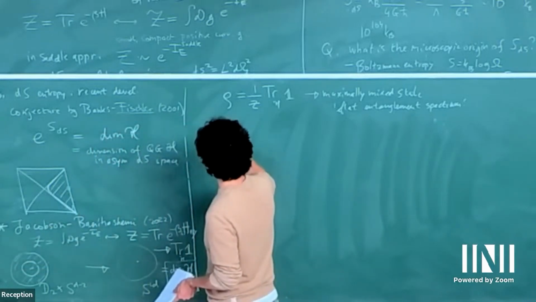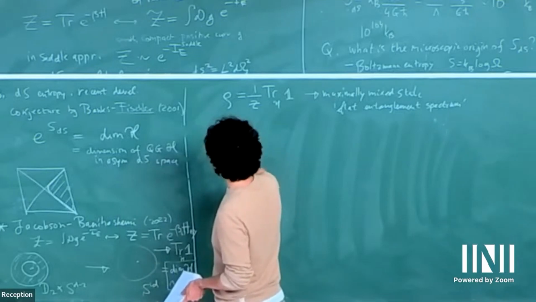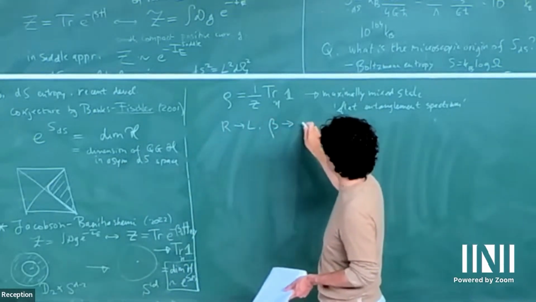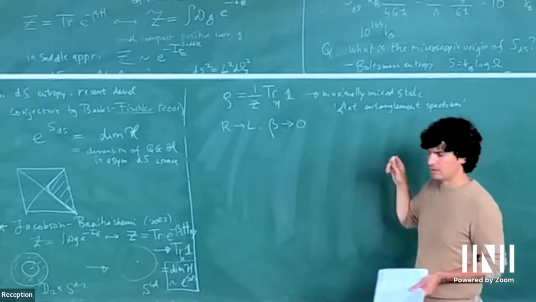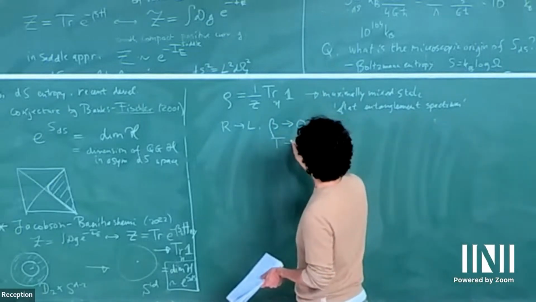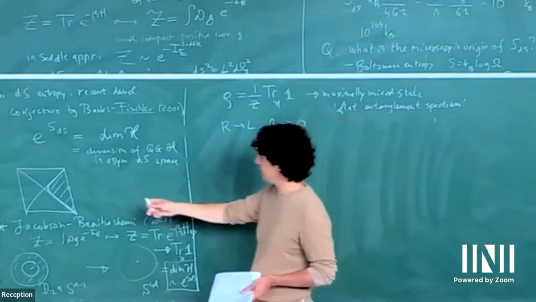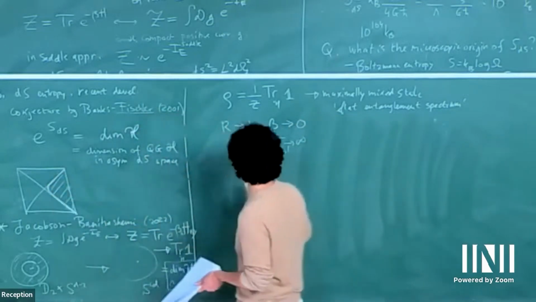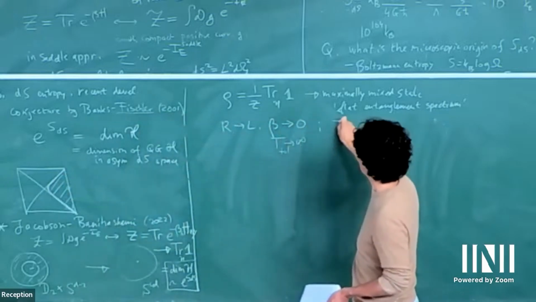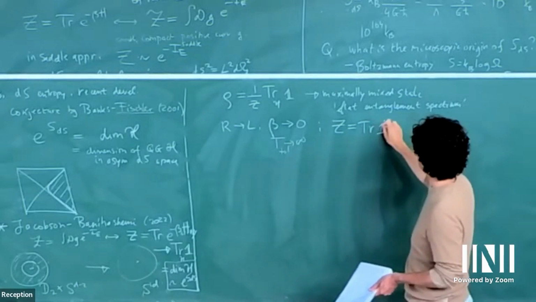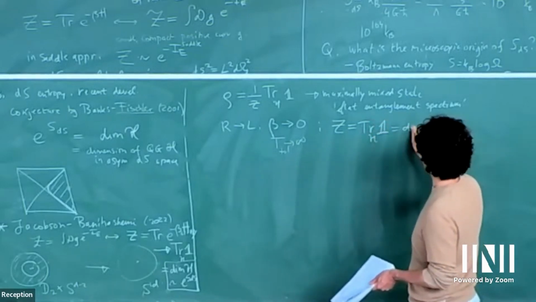If R goes to L, then we saw before that beta has to go to zero. The temperature has to go to infinity, because you need infinite acceleration to reach the horizon. So in that case, you have the same result.